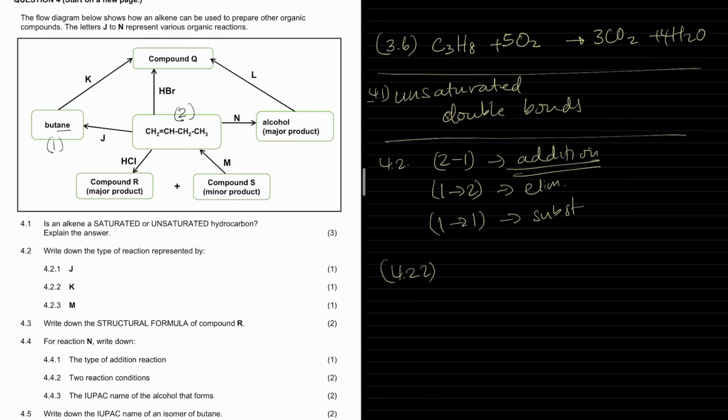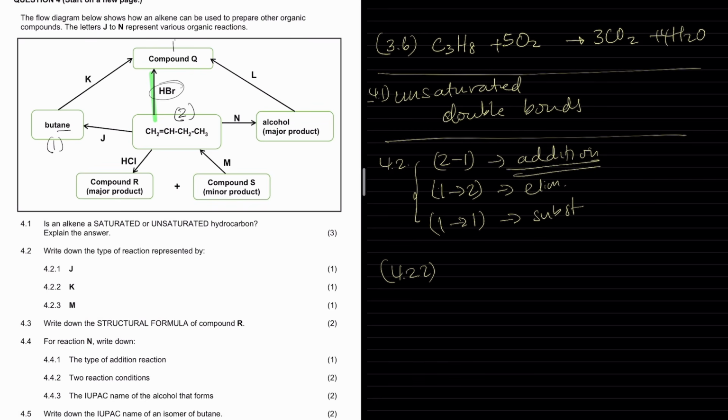4.2.2, K. So K represents you going from a 1, and we don't know what compound Q is, but we can figure it out. So if you look at this reaction here, you take this alkene and you react it with HBr. So you are going from a 2 to a something. From these options, there is no option that goes from a 2 to a 2.